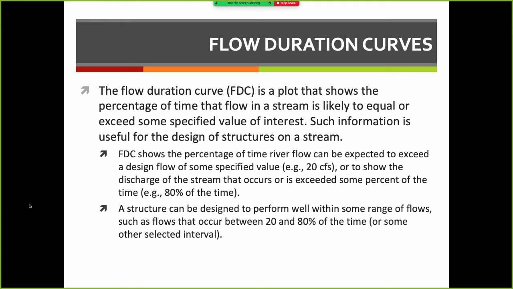How many of those days will we observe 20 cubic feet per second or greater? So if 80 out of those 100 days we go out and look at the stream and the flow is greater than 20 cubic feet per second, that would be the specification that 20 cubic feet per second has an exceedance probability of 80%. And less than 20 would be 20%.